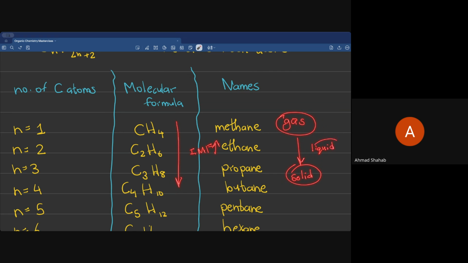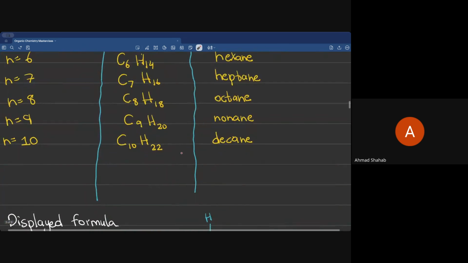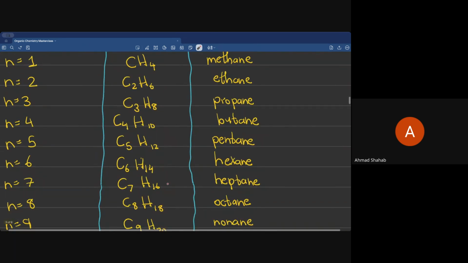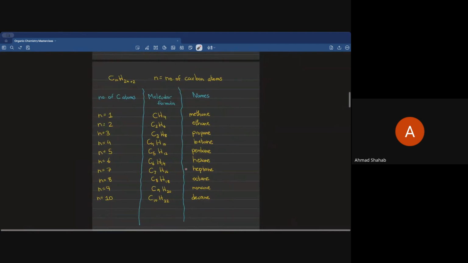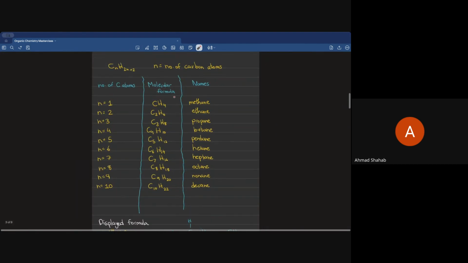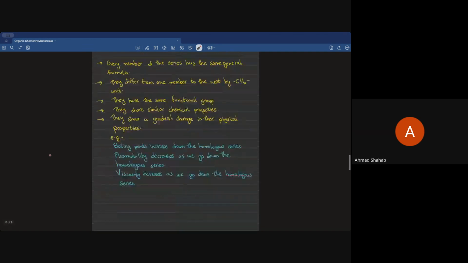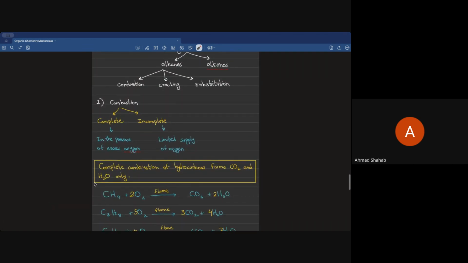Why is that? Because intermolecular forces are increasing down the group, and when they are increasing, particles will be closer together. The closer they are, the closer they get to being solid, right? So this exists as a gas, but if you go down, you see here a gas, this can exist as a liquid, and down the line something can exist as a solid as well. So CH4, since it's at the very start of the homologous series, has fewer electrons, so it has weaker intermolecular forces, so it exists as a gas. That is the reason for these compounds existing in the states that they do.